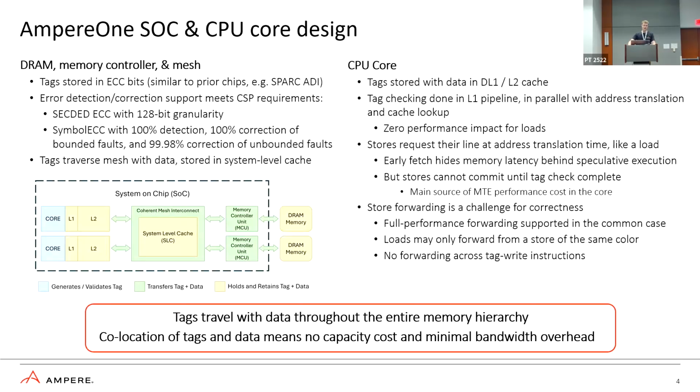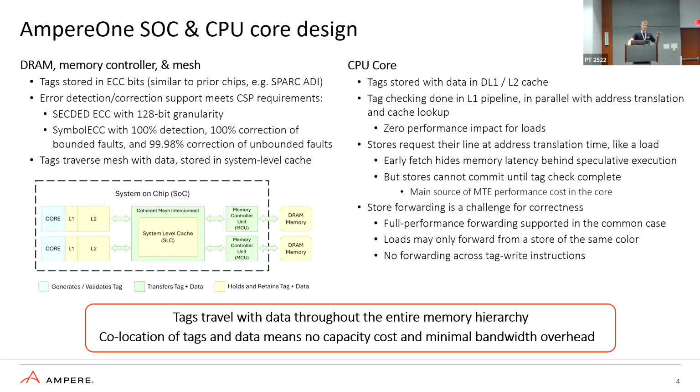And these systems are in deployment in production with memory tagging enabled. So we support SEC-DED ECC with 128-bit granularity, but the more commonly deployed setup is symbol ECC. And that provides 100% detection, 100% correction for bounded faults, and nearly 100% correction for unbounded faults.